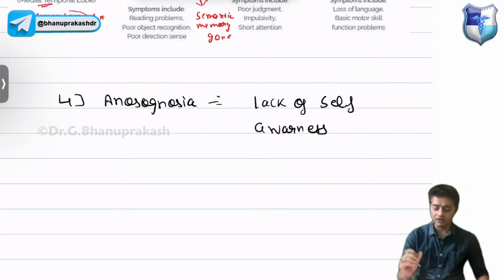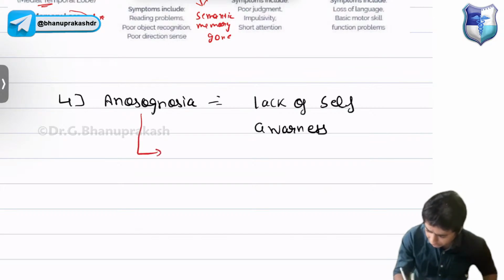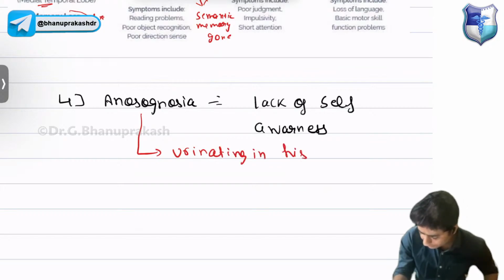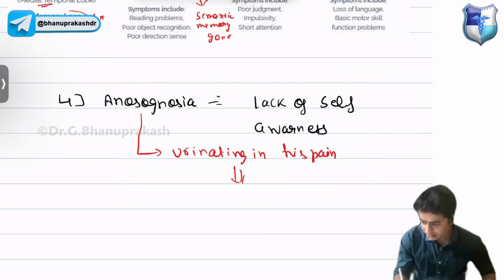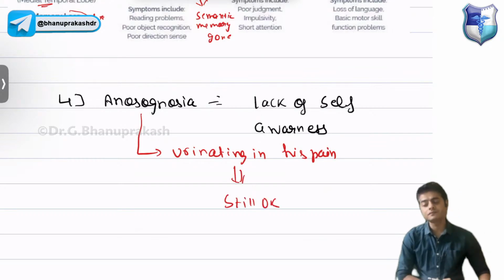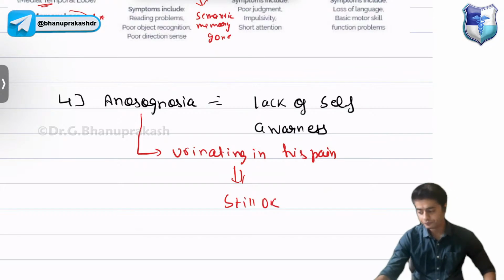Such lack of self awareness is there that the patient is urinating in his pant and he is still okay. So anosognosia is also there.